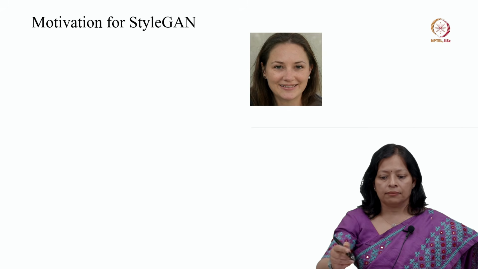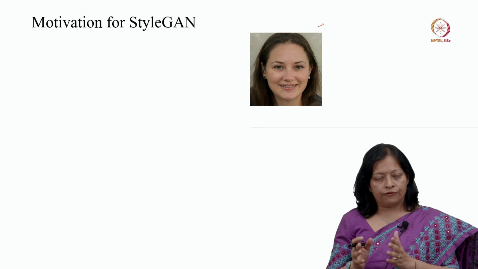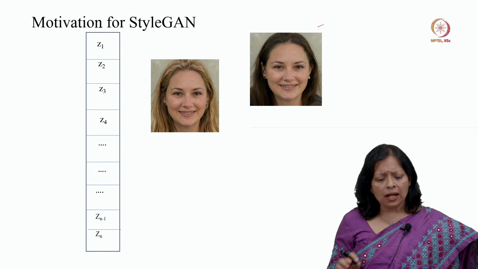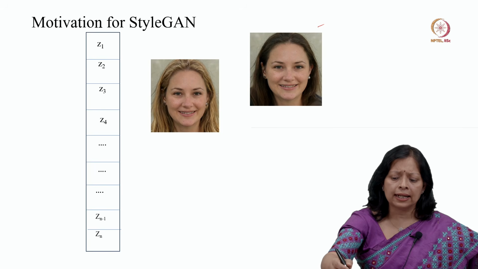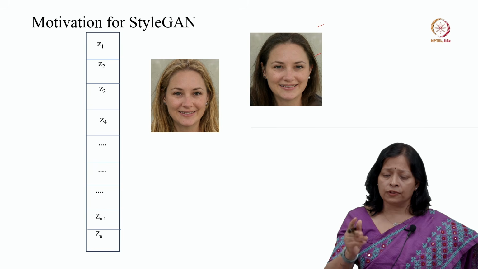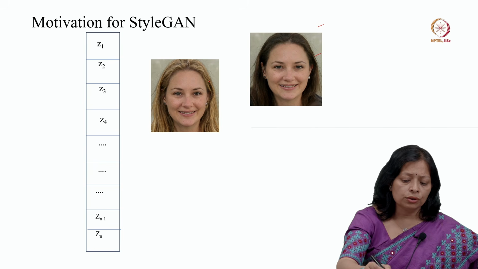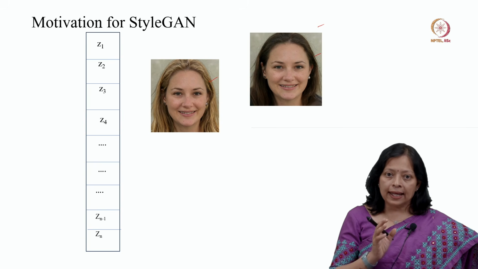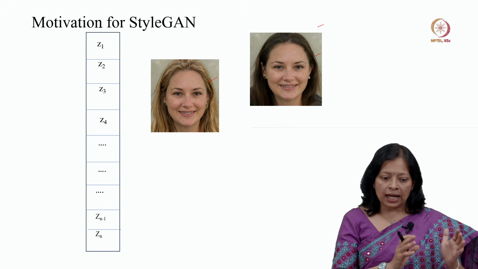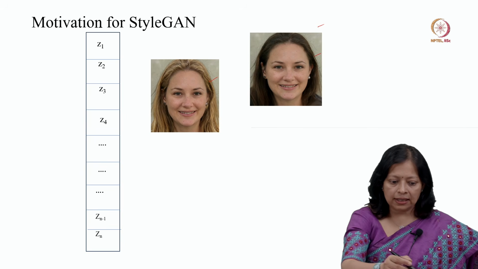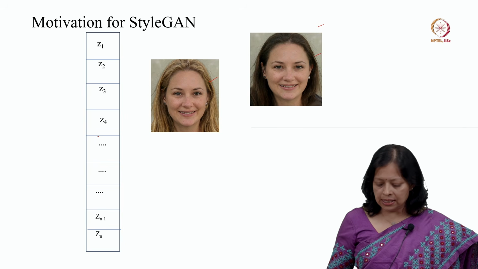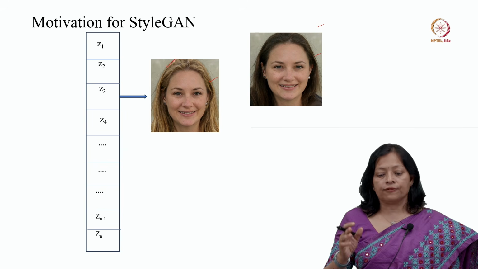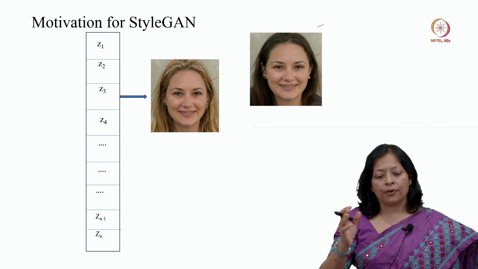Suppose I have an image of a lady and I want to change the color of the hair of this human face from brown to blonde. Is there a way I can map any one of these latent variables, so that if I change it, the hair color changes from brown to blonde?